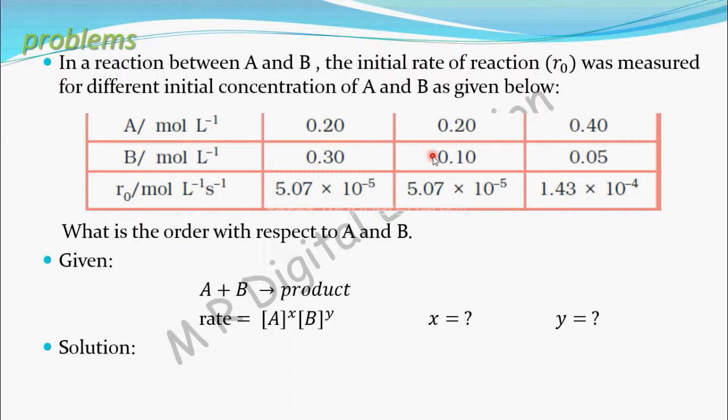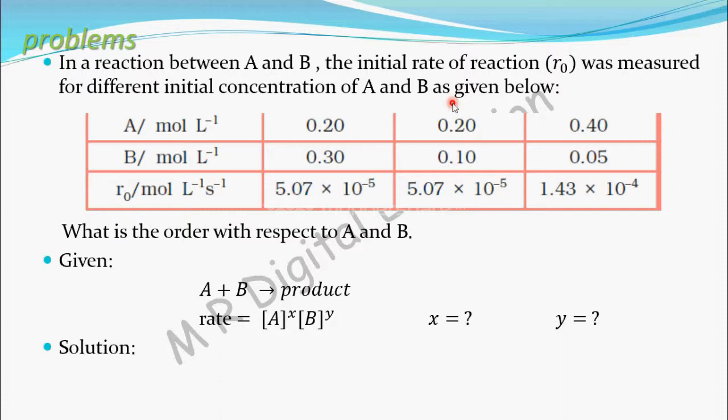Now concentration of A is kept constant and concentration of B is varying, so rate will change with respect to reactant B only, because concentration of reactant B only is varying. Your concentration of the reactant A is kept constant.